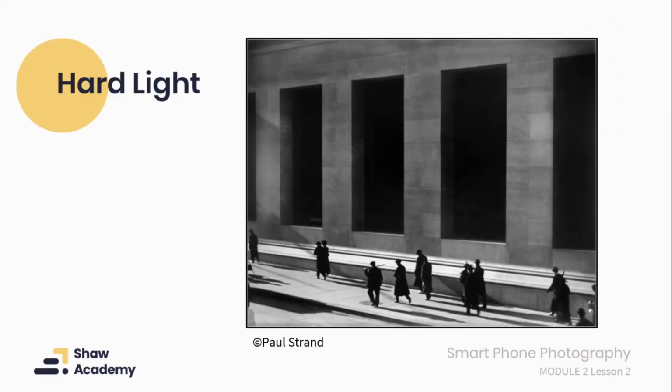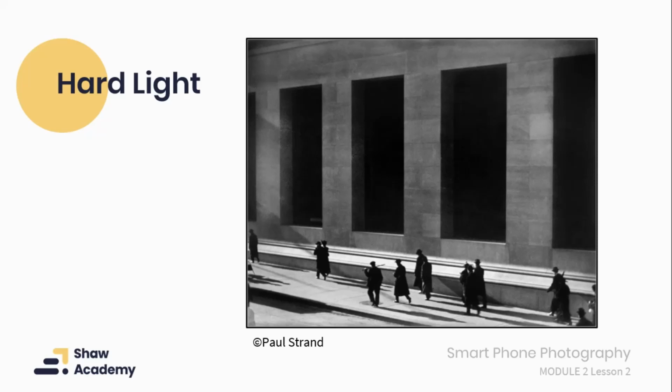So here's a very classic example of a hard light photograph. This is all the way back from 1915. This is Fifth Avenue, I believe, 1915, from Paul Strand, one of the earlier pioneers of photography. And as we can see here, I think it was taken early in the morning.